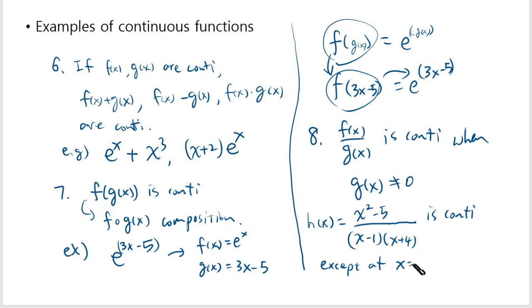When x is 1 and when x is negative 4. So those are the two exceptions, but otherwise this is continuous. So this shows how to make continuous functions from known continuous functions, and knowing that such and such functions are continuous is going to be very handy. You'll find that out later.